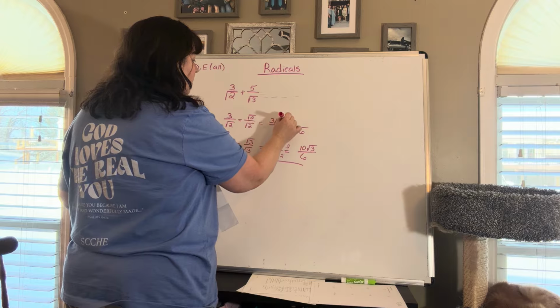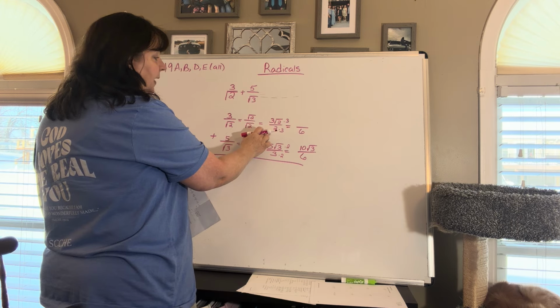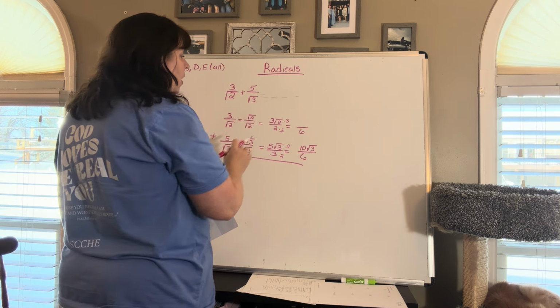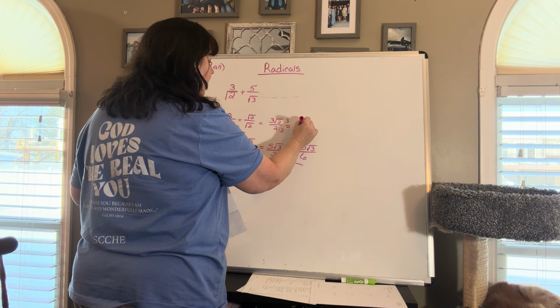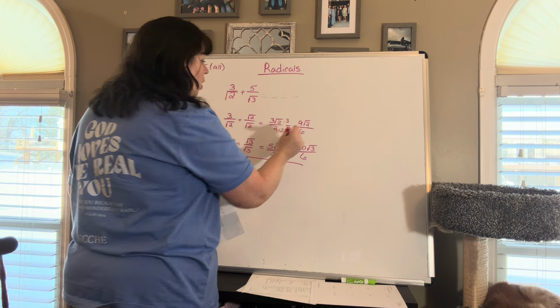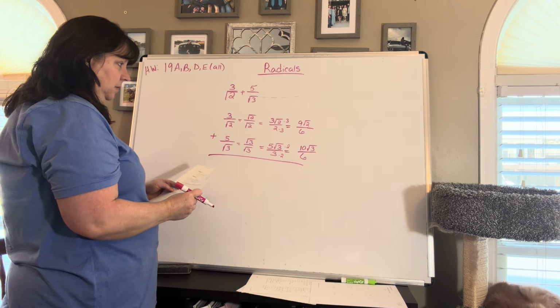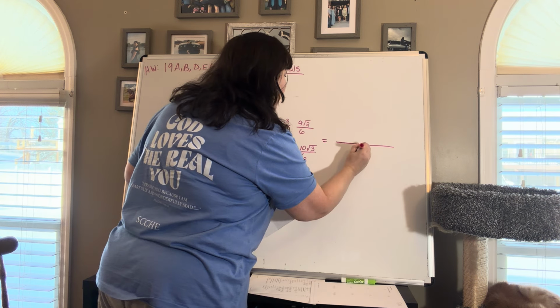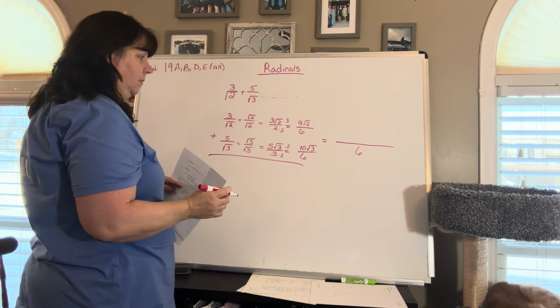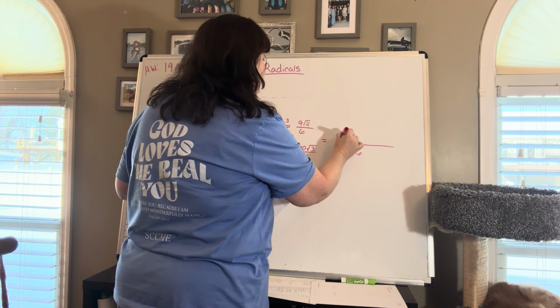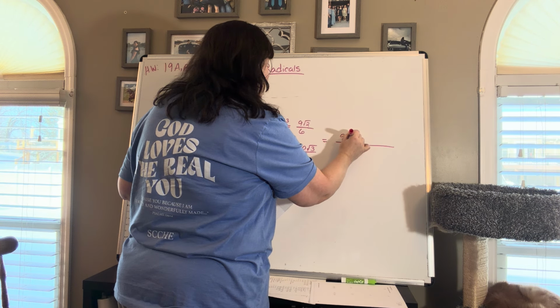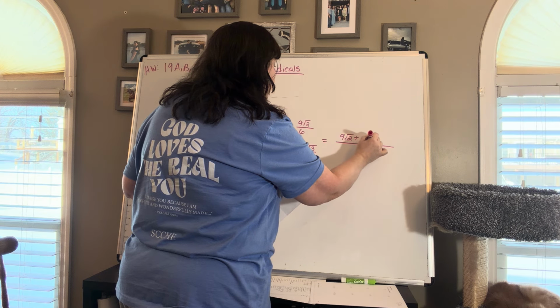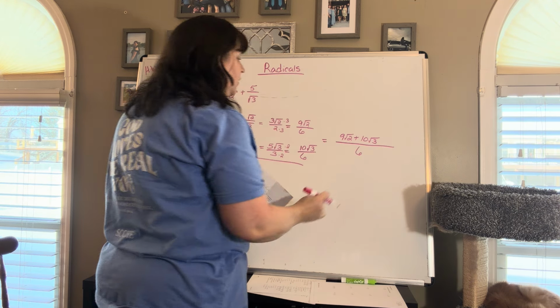It's 3. Whatever I do to the denominator, I have to do to the numerator. 3 times 3 is 9 square root of 2 over 6. I now have a common denominator, and it is 6. So I simply now put 9 radical 2 plus 10 radical 3 over 6.